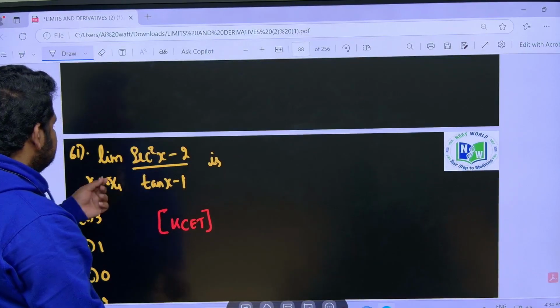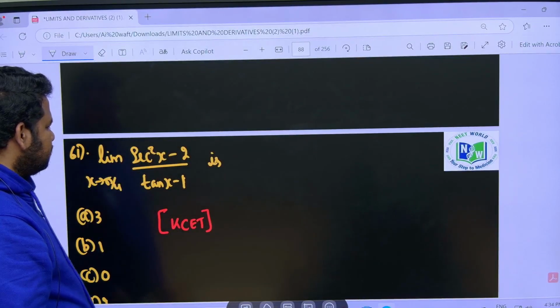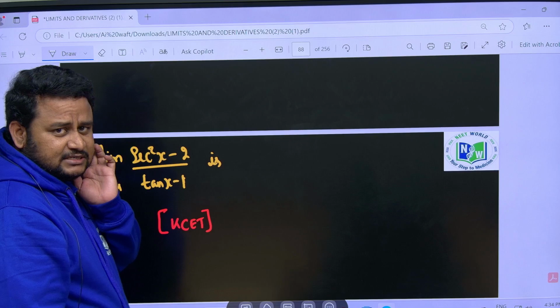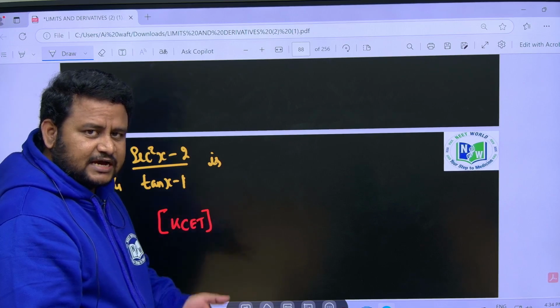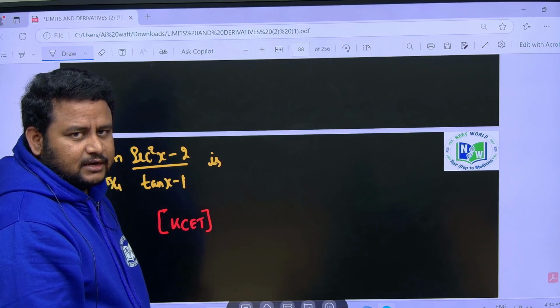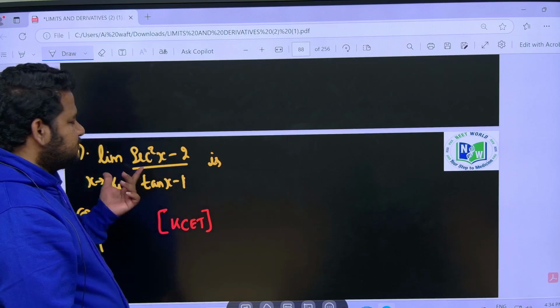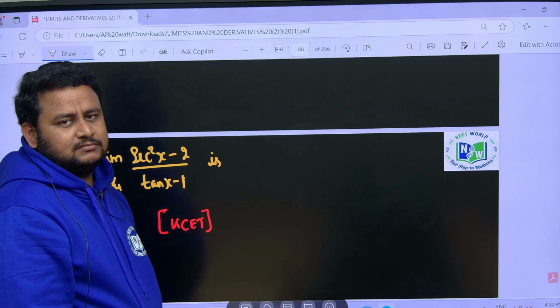Look at this one. They have given secant square x minus 2 by tan x minus 1. Whenever they give secant square x or tan x, you can convert tan x to secant square x, or secant square x to tan x. But when they give secant square x, it's better to convert it in terms of tan.